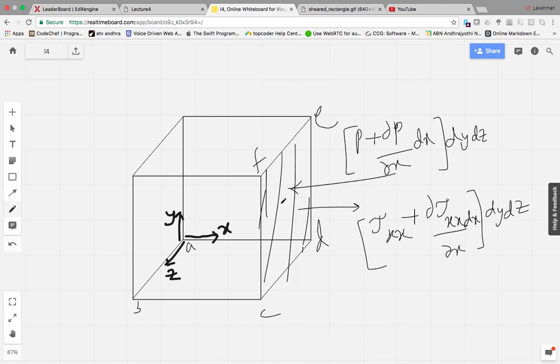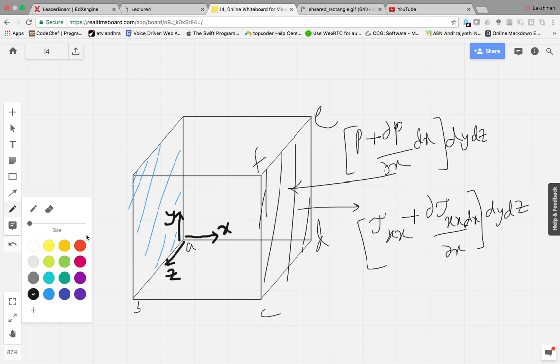Now we have seen this particular plane, and we must see the left plane also. Actually, to be clear, I would have written the left side first and then the right side, because these terms that were obtained are basically Taylor series expansions made from the left hand side terms.